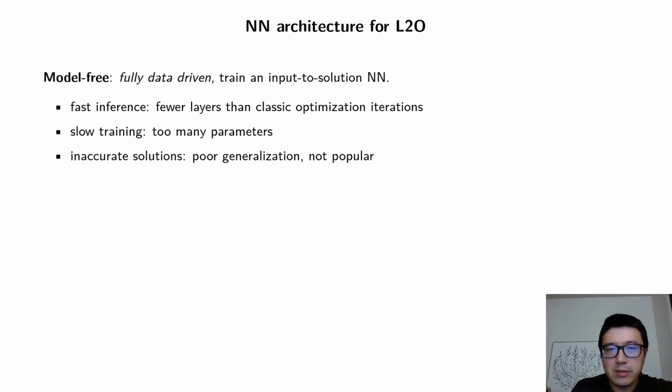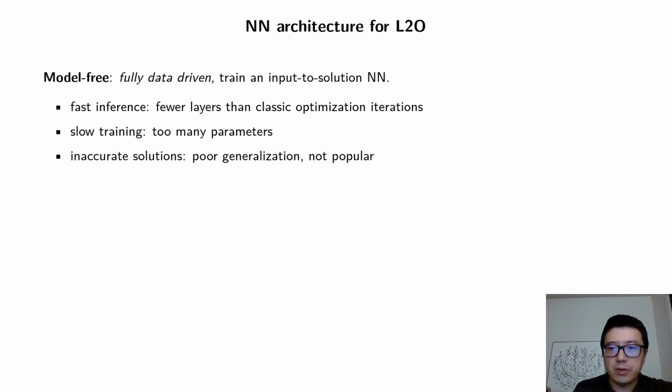Specifically, the first method is called the model-free method. It basically starts with full freedom and has the parameters trained in a fully data-driven way. The trained neural network will take the input of an optimization problem and output an approximate solution to the optimization problem.